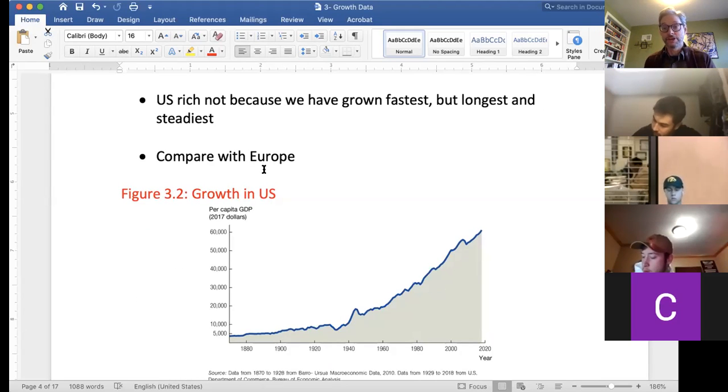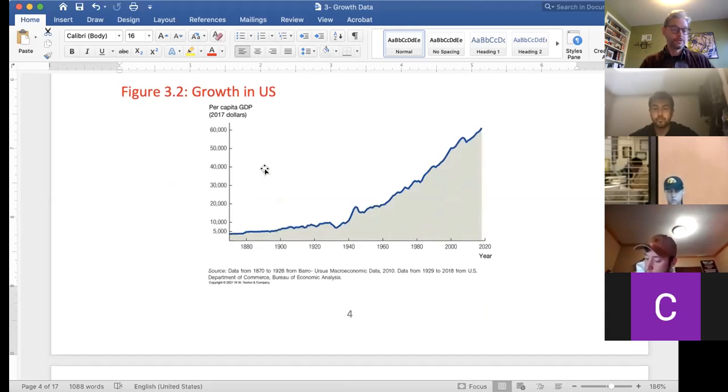Compared to places like Europe, where in many places 2 major wars have been fought domestically, which considerably set back growth. But here, what we see in the US is that growth has been relatively steady from year to year to year.